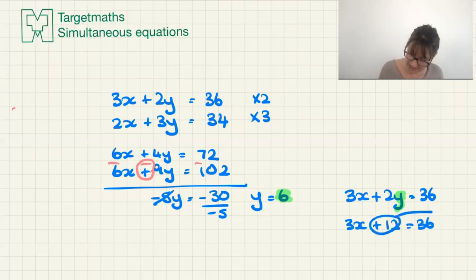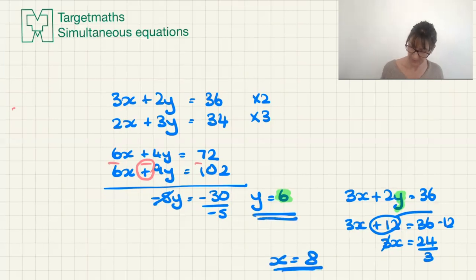Now let's get that x on its own. I've got 3x equaling 24, divide through by the 3, and x is equal to 8. Okay, that's it, simultaneous equations. So match, take, and go on and solve, okay?